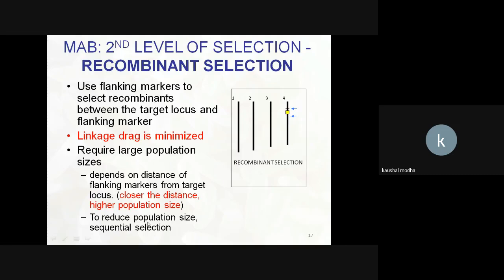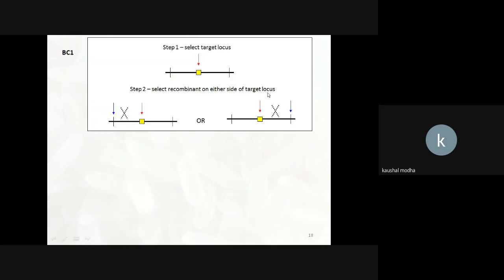We perform sequential selection. In backcross 1, we try to look for the recombination in this region, and in backcross 2, keeping this constant, we try to select the recombination in another region. So let us see how it is performed. This is our target locus, and these are the two flanking markers, let us say 5 centimorgan away.